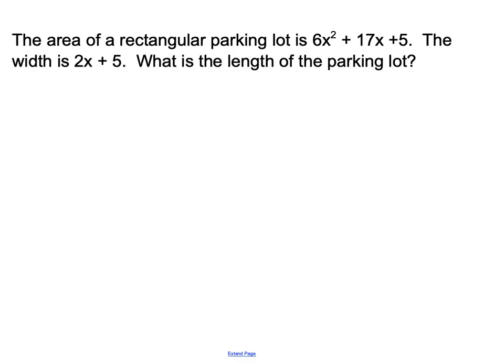And then the area problem here. The area of a rectangle lot is 6x squared plus 17x plus 5. The width is 2x plus 5. What's the length? So if you remember a rectangle here, this is your length and this is your width. So area is length times width.